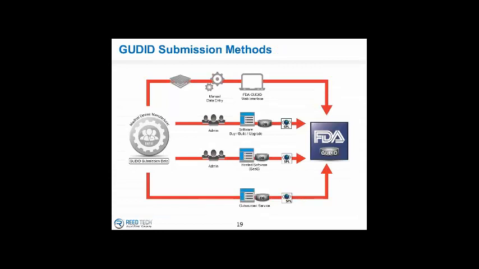So I mentioned I had a couple more slides about the submission method, and here is one of the slides in a graphic form that shows some of your options. You are able to collect the data and do a manual entry through the FDA GUDID web interface. So this incurs typing your data in.